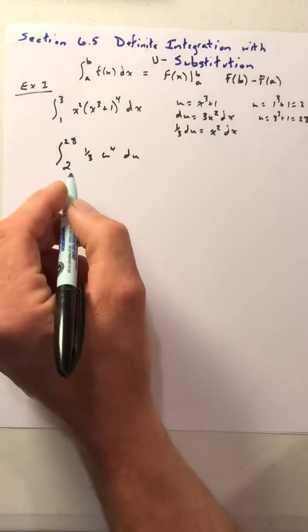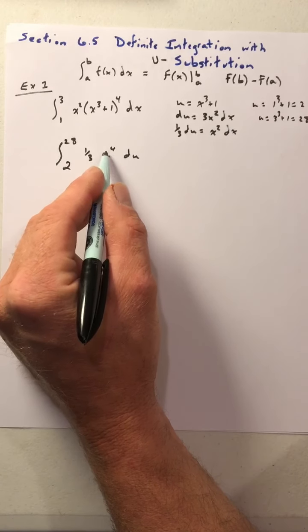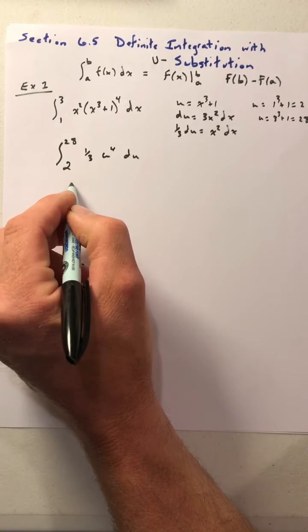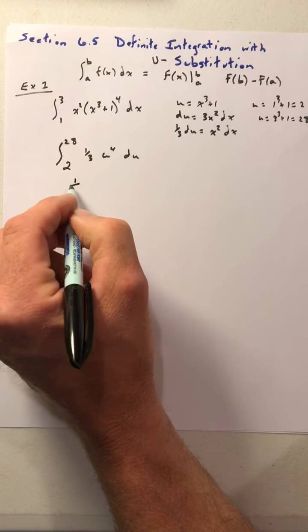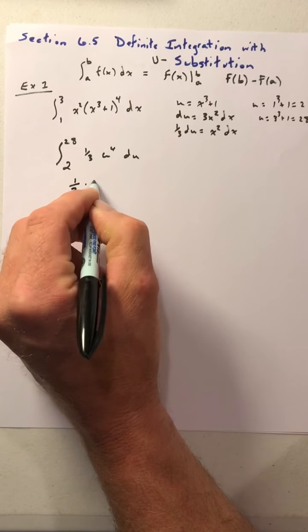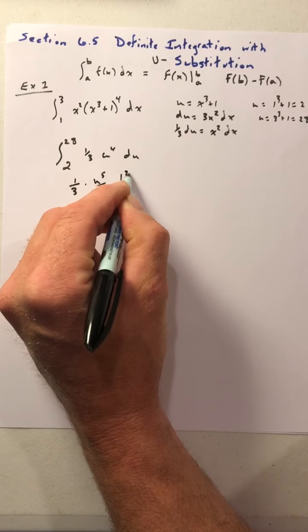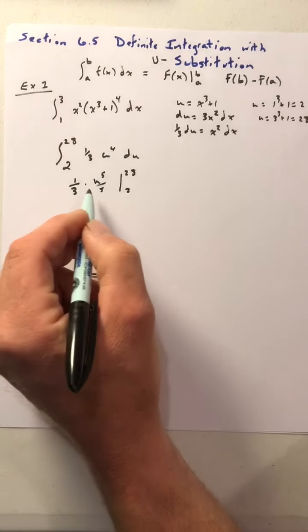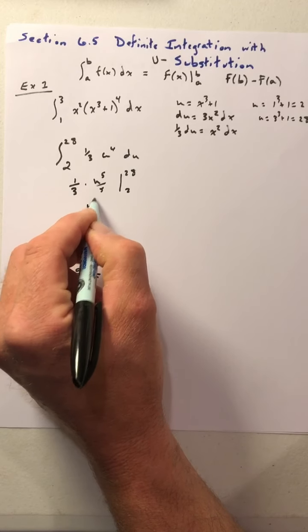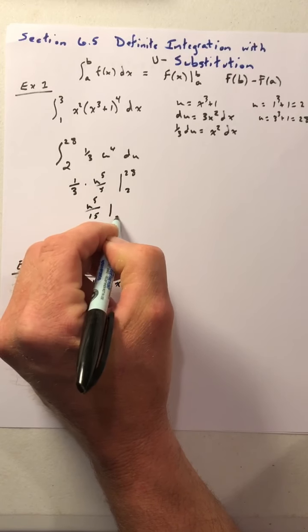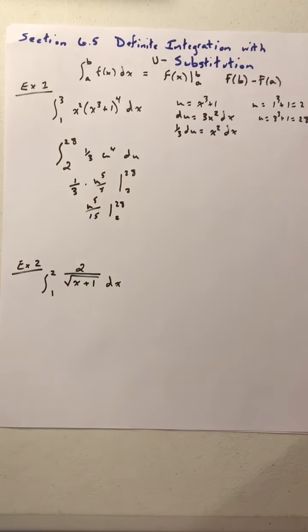I can go ahead and integrate this. U to the fourth integrated is u to the fifth over 5. So we have 1 over 3 times u to the fifth over 5 from 2 to 28. Going ahead and cleaning that up, we have u to the fifth over 15 from 2 to 28.